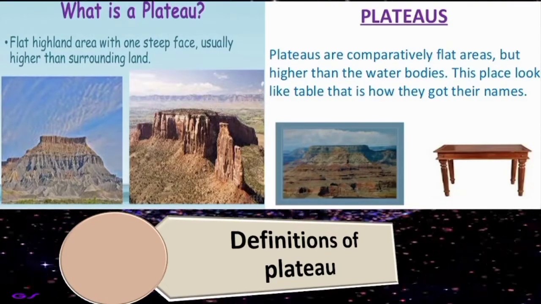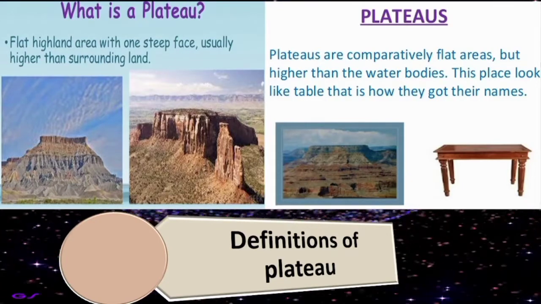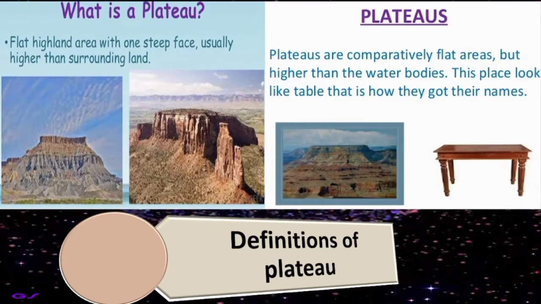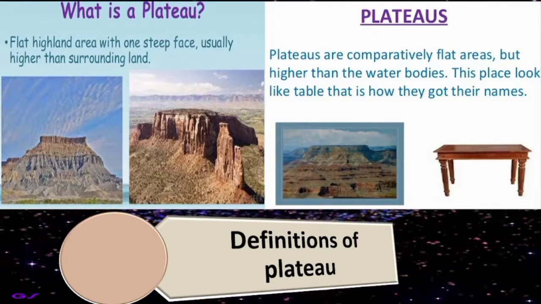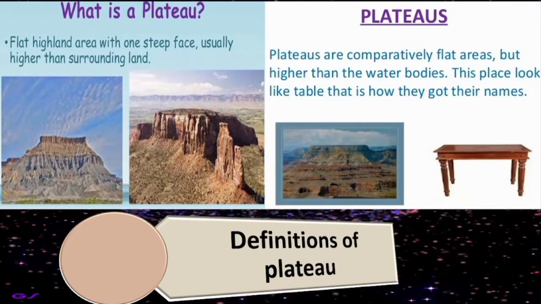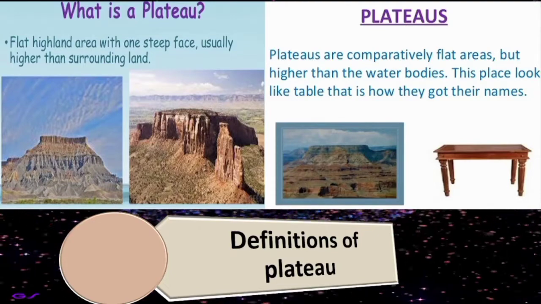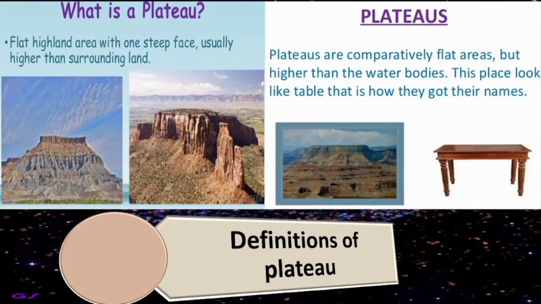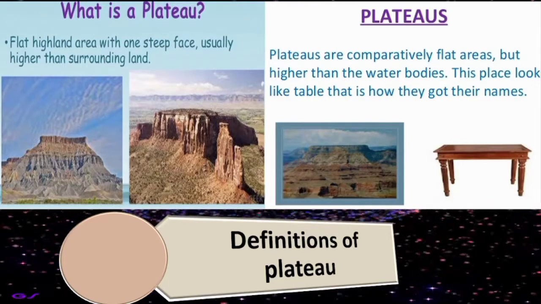An example of a plateau is the Deccan Plateau in India and the Tibet Plateau. We also have the Biu Plateau in Borno State in Nigeria. And of course, the Tibet Plateau is the highest plateau in the world. There are other definitions, like I said, as you can see on your screen.